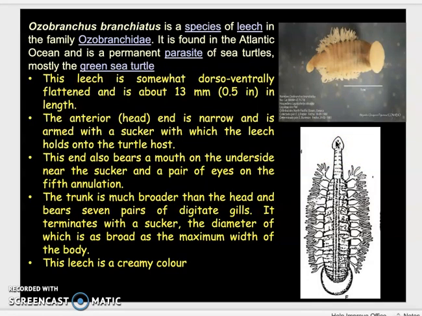The trunk is much broader than the head, and bears 7 pairs of digitate cells. It ends in a sucker, the diameter of which is as broad as the maximum width of the body. This leech is creamy white in appearance.